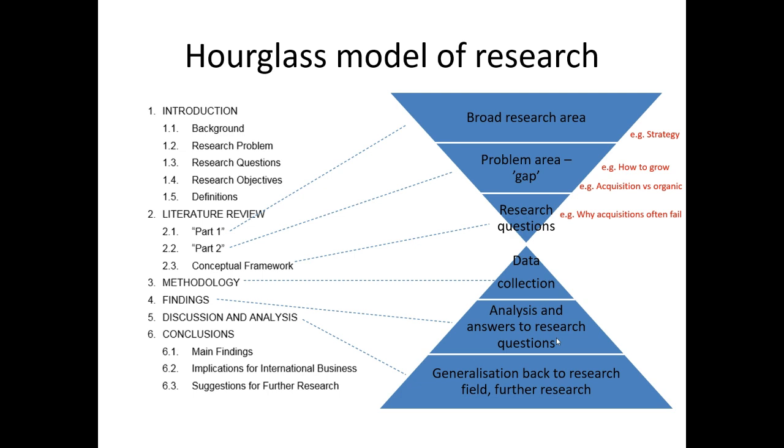And in general, qualitative approaches provide more nuanced information on the topic and are used to develop theory. So this is basically the hourglass model. It applies to sections 2, 3, 4, and 5. Then we have left section 1 and section 6.